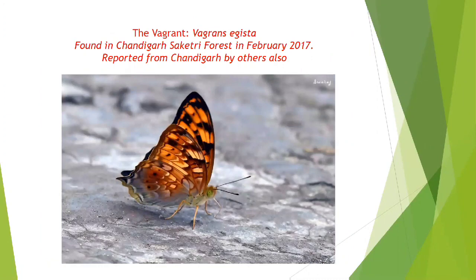This is again the Vagrant. It's a very, very rare find in Punjab. It has been found in Chandigarh. I also photographed it in the Shivalik Hills in Chandigarh. I don't know why it is called vagrant, but it may be migrating from one place to another.